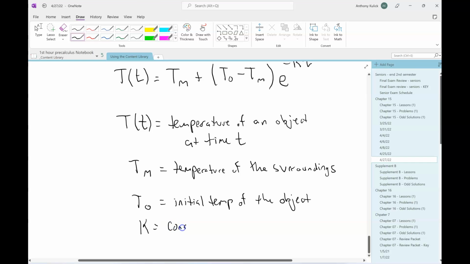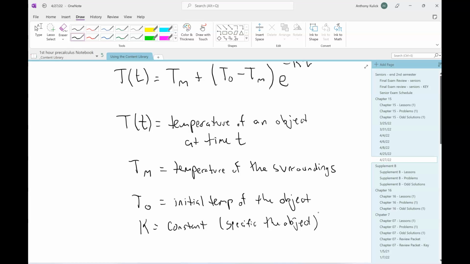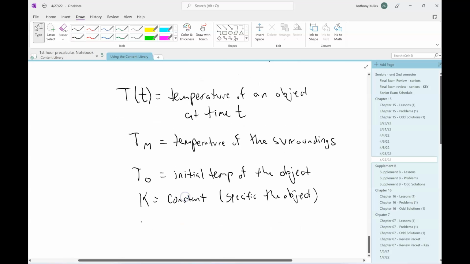K is a constant, but that constant is specific to the object. So a metal object is going to cool down differently than a wood object, right? Take a hot piece of wood and a hot piece of metal and put them in the same room. They cool at different rates because they're made of different stuff. That makes sense to you guys, I hope, right? And then t is just going to be time in minutes.